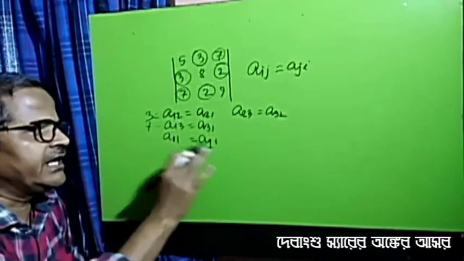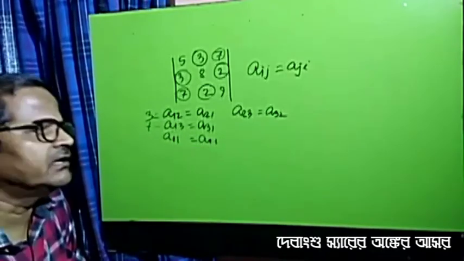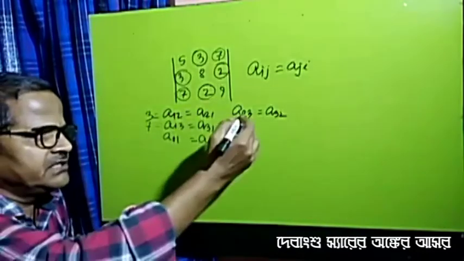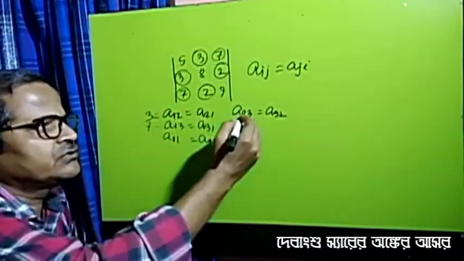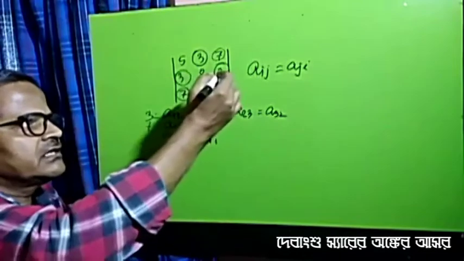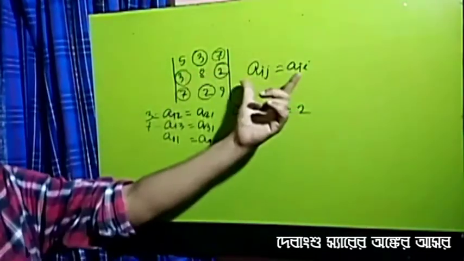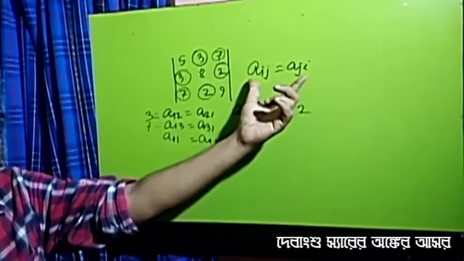Similarly, in case of diagonal elements, they are obviously equal, so there is no question of checking for diagonal elements. So I am checking for non-diagonal elements. A23, that is second row, third column, is equal to 2, and A32 is also 2. This is the property we observe: Aij is equal to Aji.